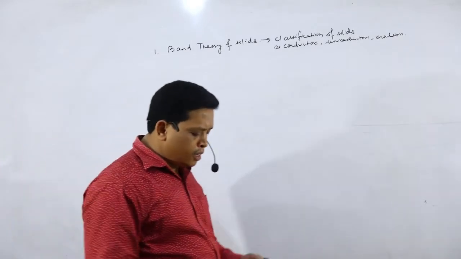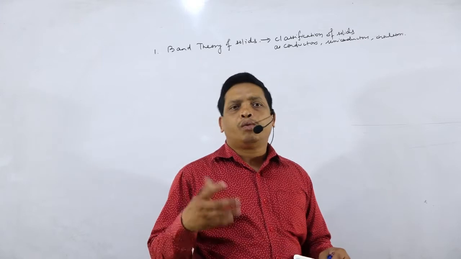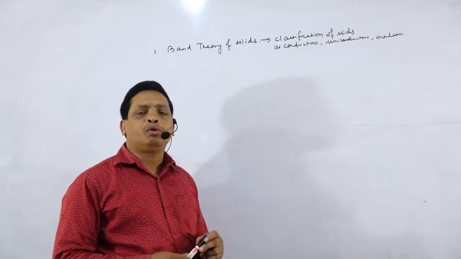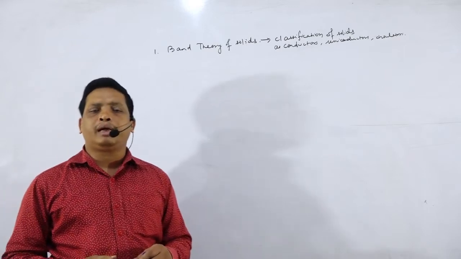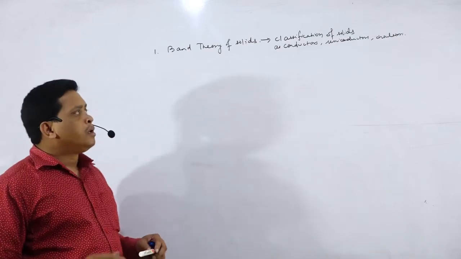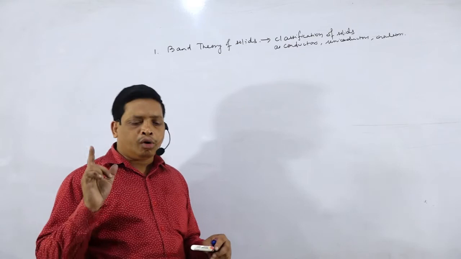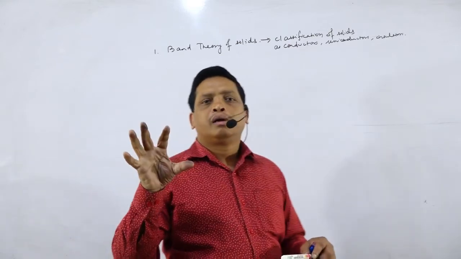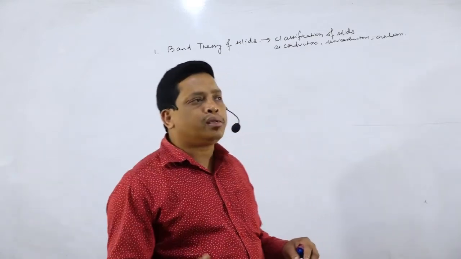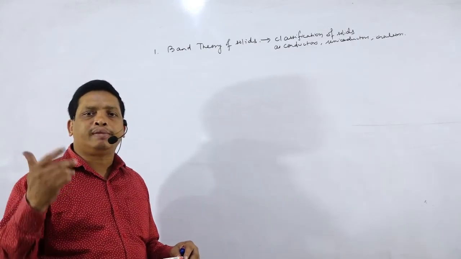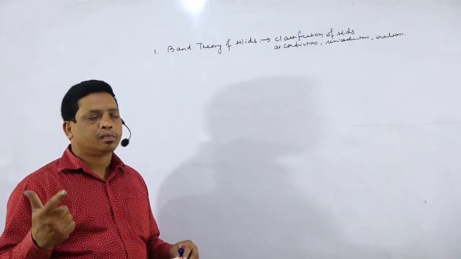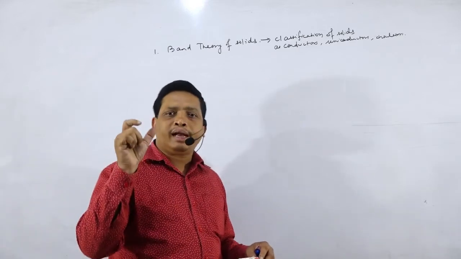Then we discussed about the wide use of semiconductors. Why do we prefer to use semiconductors in electronic industry? Semiconductors, as I told you, have 2 peculiar properties. That means when temperature increases, their conductivity increases or resistivity decreases.